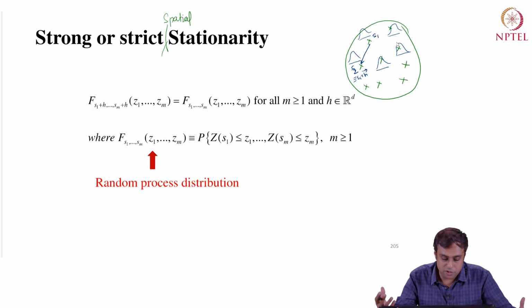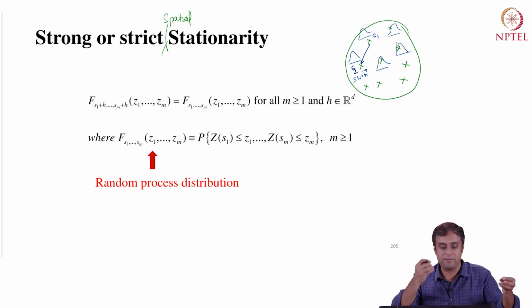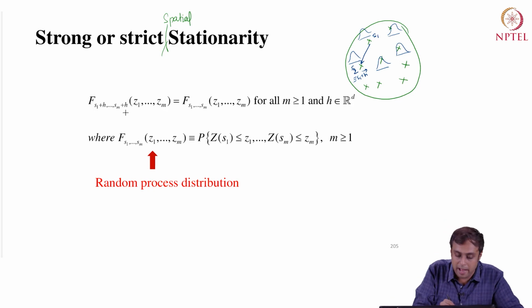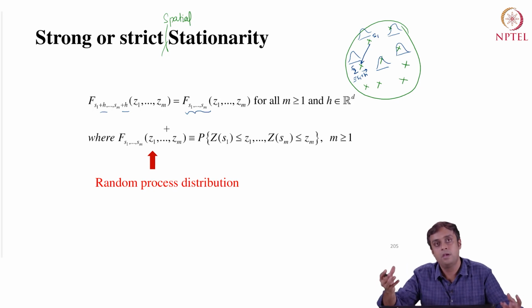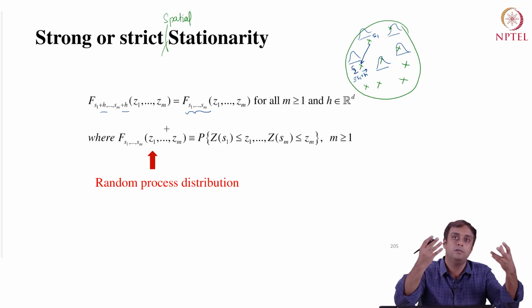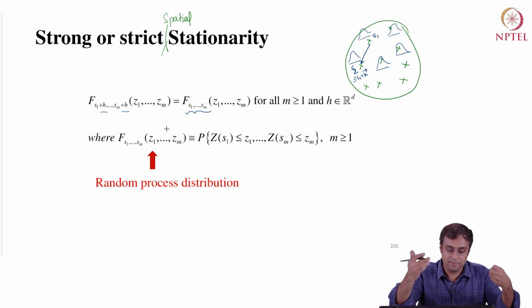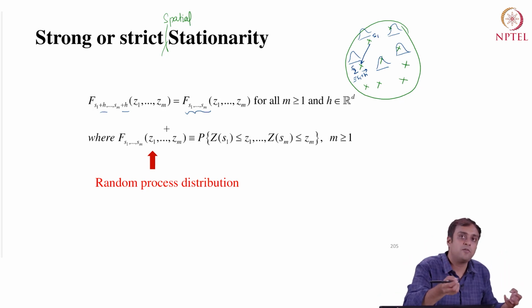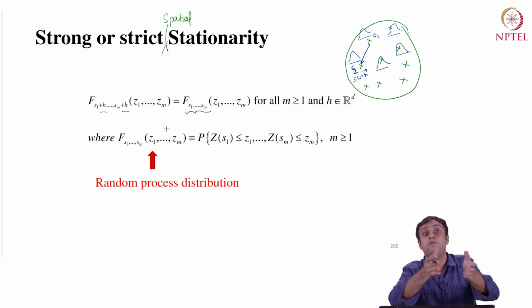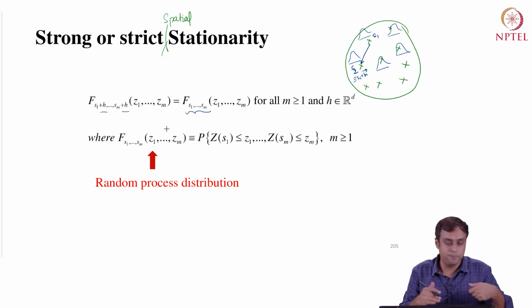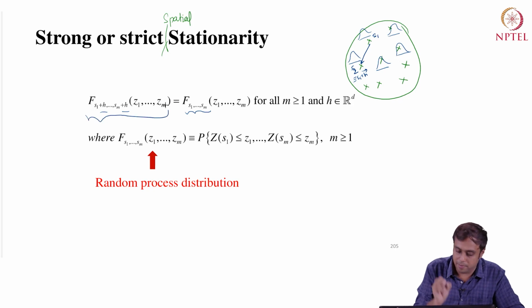If these joint distributions remain exactly the same, even if we were to move the data by a lag, say from some locations we sample S1 to SM and evaluate the empirical CDF, then we move to a different set of locations, again m data points but with a lag, let us say 5 steps eastward, and define an empirical CDF.